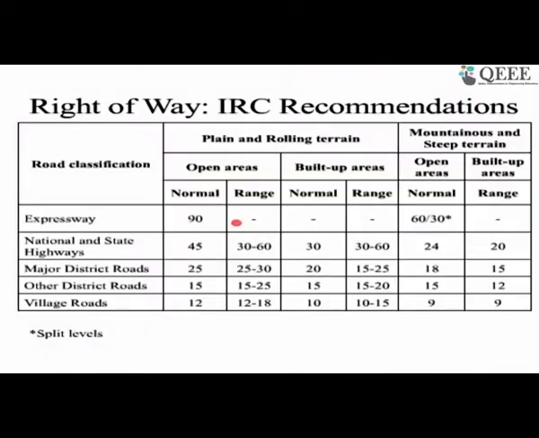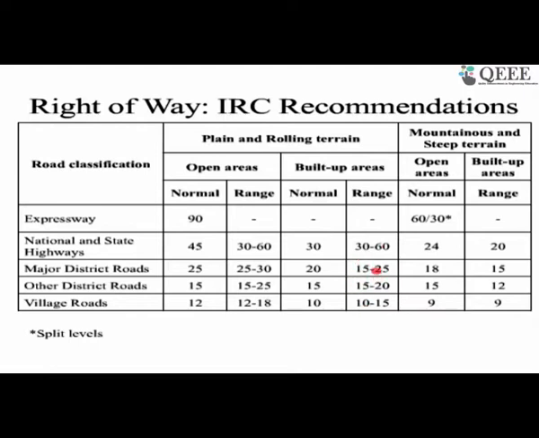Now I got another question: is there a separate specification for right of way in urban areas where space is limited? If you see the right of way table, I think it also says built up area. Built up area is more like an urban area. So this is what is needed or expected. What you are going to get are the ranges, and these are for the rural classification of road.